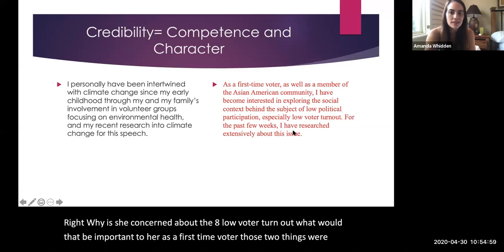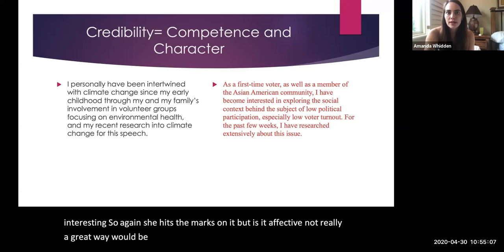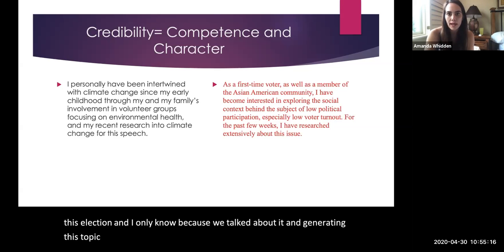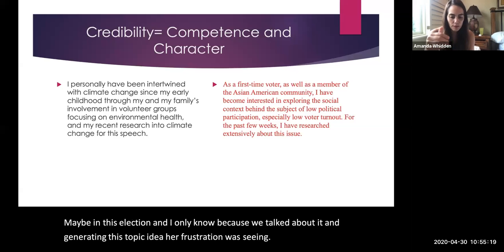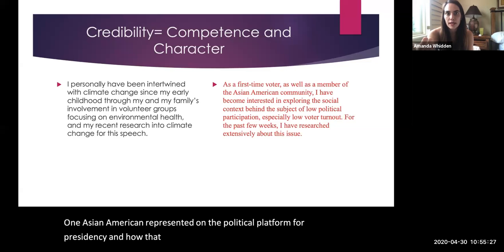So again, she hits the marks on it, but is it effective? Not really. A great way would be to talk about, as she gets ready to vote, maybe in this election, and I only know because we talked about it in generating this topic idea, her frustration with seeing one Asian American represented on the political platform for our presidency, and how that has not come into place before.